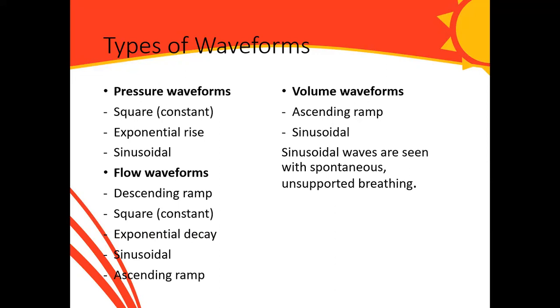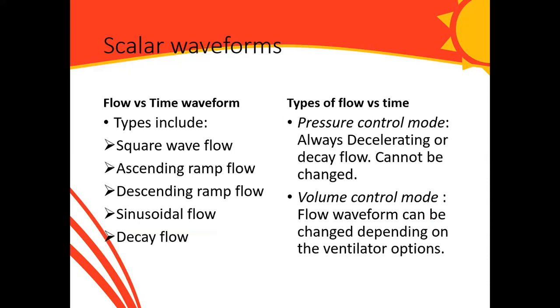It's square, showing that it's constant, but it gives an exponential decay and sinusoidal. You can also have an ascending ramp in your flow waveforms. It depends on the mode of ventilation. Volume waveforms are always an ascending ramp and sinusoidal. Sinusoidal waves are actually seen with spontaneous and unsupported breathing.